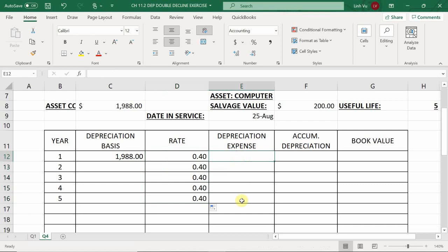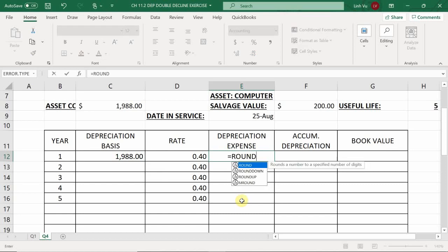So then, in this case, what is going to be my depreciation expense? I found 265.07.